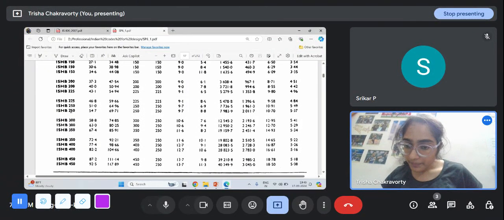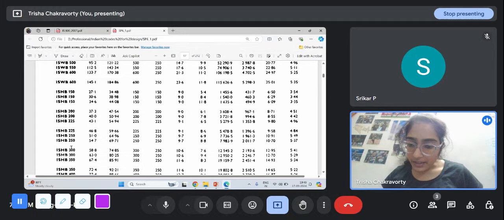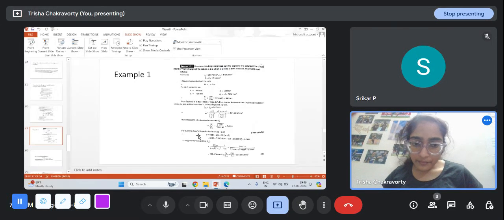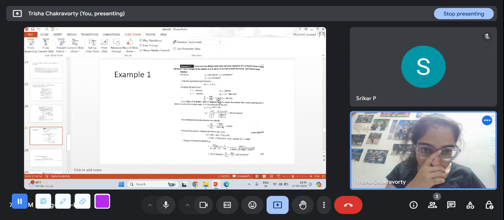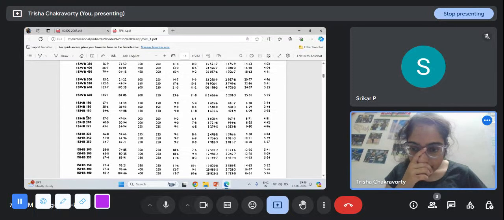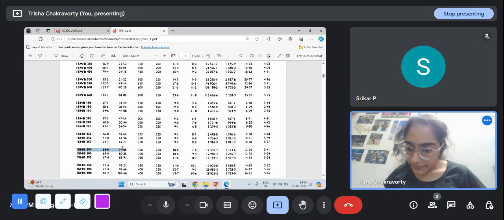ISHB 300, this is the one at the rate 577. So I think this is what we are looking at. I don't know why this is 588, there is 577.